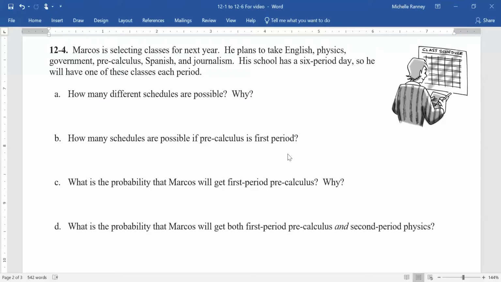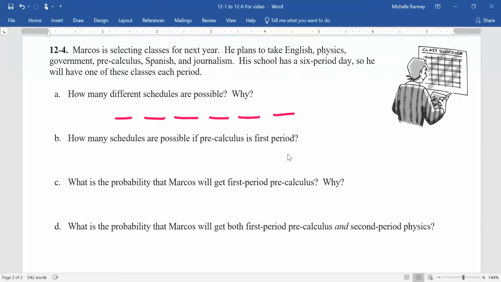So in this case, if we're setting up a decision chart, we're going to have first period, second period, third period, fourth period, fifth period, and sixth period. So right now you guys fill that in. So in this situation, we cannot have repetition.